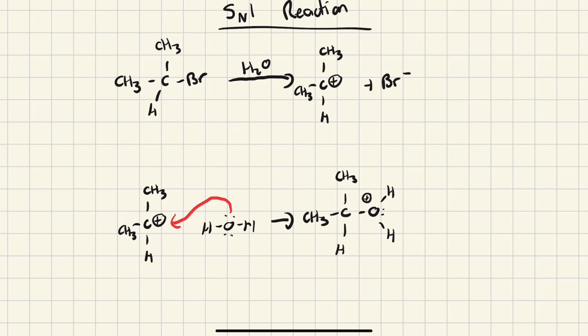Even though our carbon is now neutral, our oxygen, which was neutral in our water, now has the positive charge. There's a sub-step that sometimes occurs. It's not really considered a third step, it's more just a sub-step of step 2, where our bromine anion that originally separated, that was our leaving group, will come back, and with its lone pairs, one of them will attack the hydrogen.